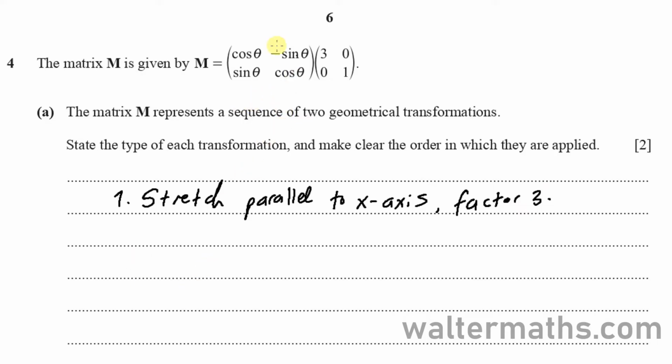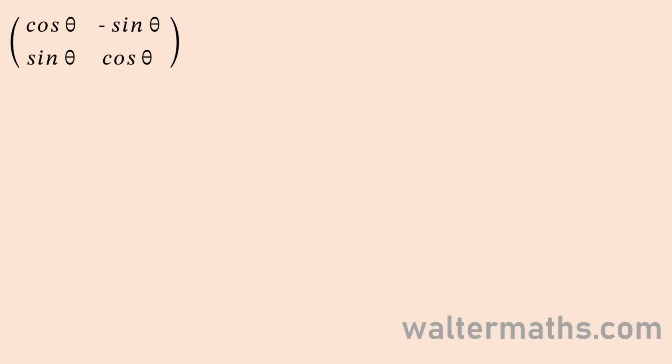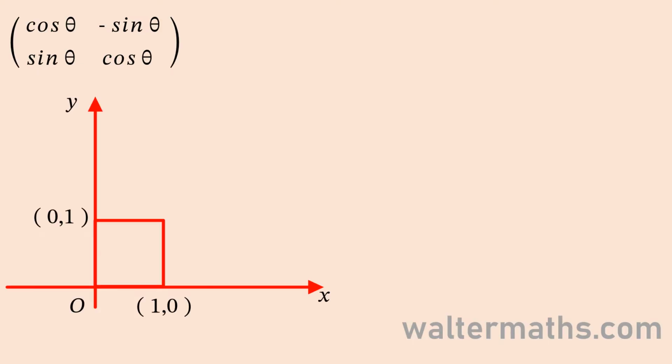Next, we go on to the second transformation, represented by a 2 by 2 matrix with elements cos theta, minus sin theta, sin theta, and cos theta. Now, this transformation represents a rotation, but to better understand what type of rotation it is, let's assign a value for theta. So I'll say let theta have a value of, say, 60 degrees.